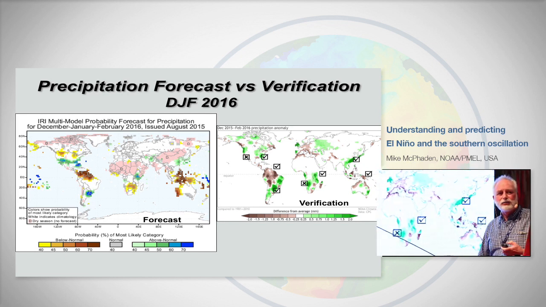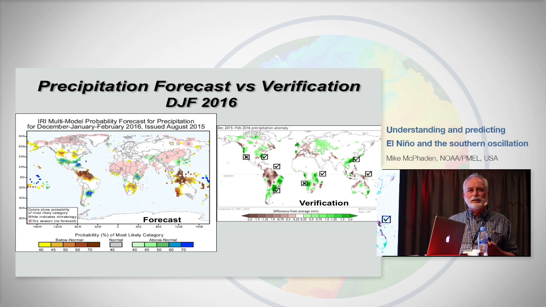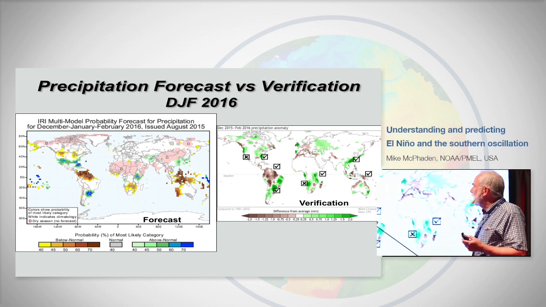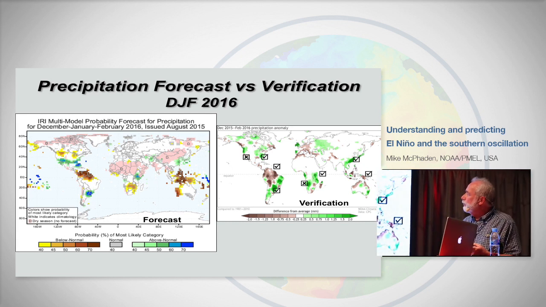This is the biggest miss, and everyone was expecting the 2015-16 El Nino to be the great drought buster in California. They had been experiencing 4 years of extreme drought, and they were praying for the rains to come. Well, they came, but they came to my neighborhood, which is not supposed to happen during El Nino.